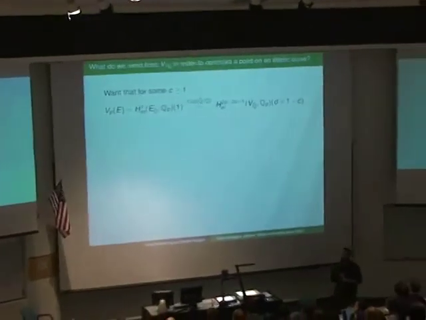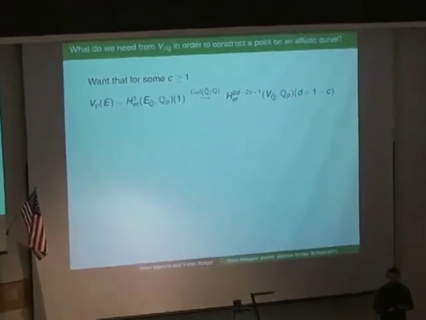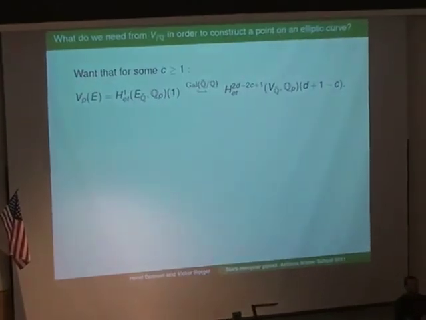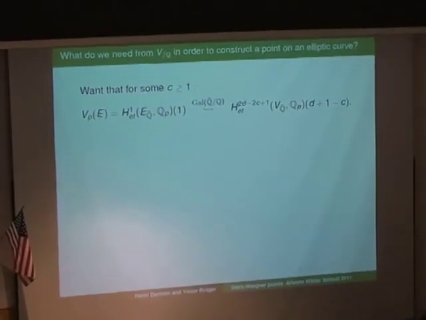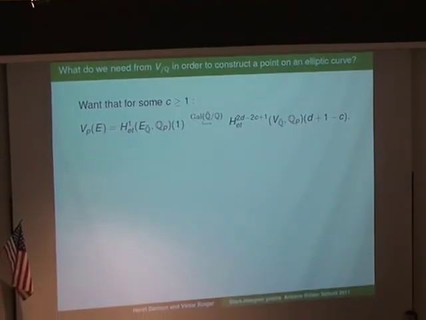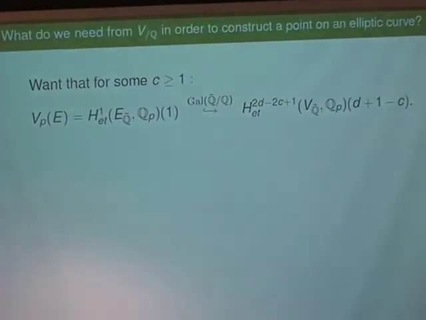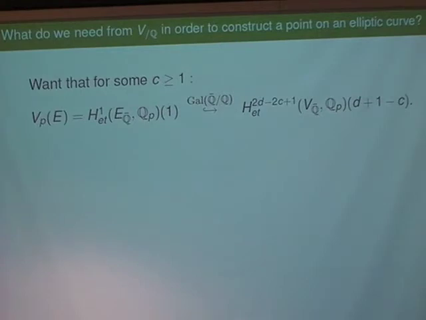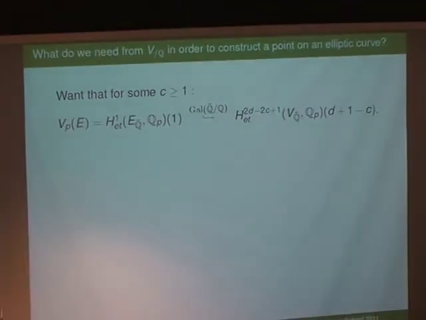So, what we would like to have is, if I have my elliptic curve, say defined over Q, and I want to be able to construct points on E over some number field, the base field is Q, I would like to see the Tate module of the elliptic curve, which is a reincarnation of this étale cohomology group, inside some étale cohomology group of our variety. Here, this numerology on the right, I don't think we need to pay too much attention to this. It's what people call a Tate twist of this vector space.